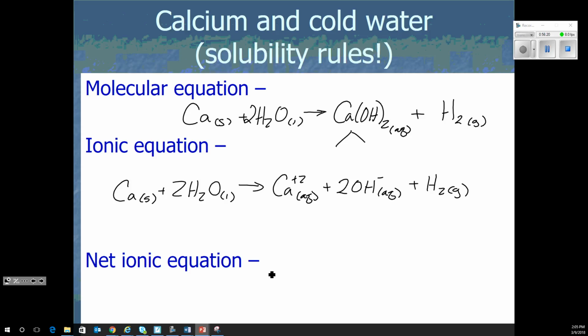No. So my net ionic is my ionic equation, and I'm done. Since nothing is a spectator, the net ionic is the ionic equation.